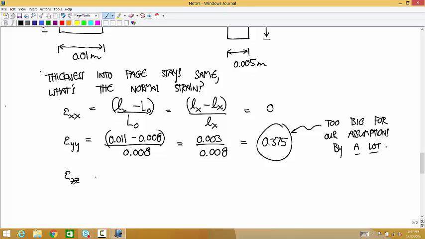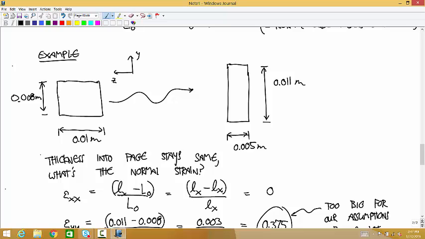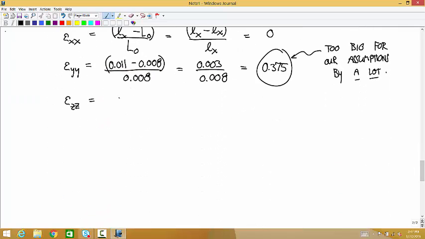So then the ZZ strain, in the Z direction, does it stretch or contract? Contract, so what sign are we going to get? Negative. So negative 0.005 minus 0.01 divided by 0.01 gives negative 0.5, right?